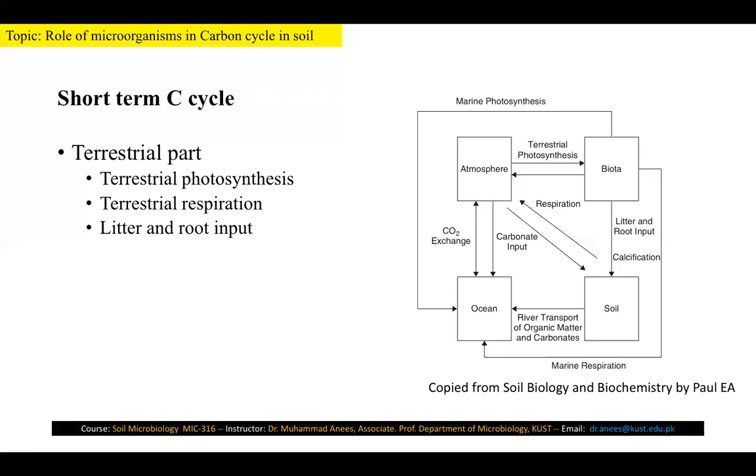When we talk about lands, there is terrestrial biota that performs the photosynthesis and produces the biomass. This biomass is added into the soil and then it is returned back to the atmosphere. Similarly, this biomass is used by a number of other organisms that are present in the soil.